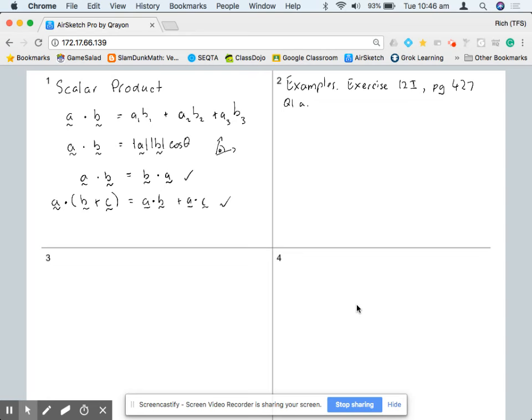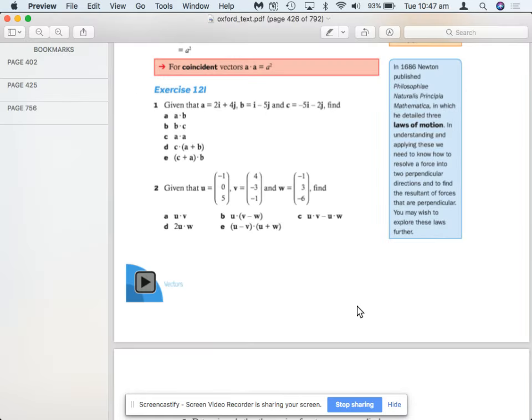Question 1A, we've been given what the vectors are. So I might just write them down on my screen here.